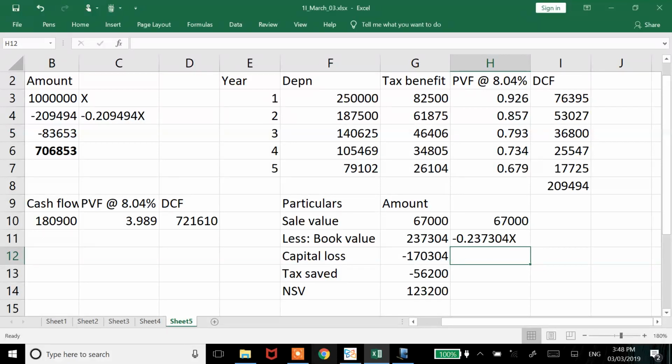Next point, the book value after 5 years is 237,304 for a cost of 10 lakh.